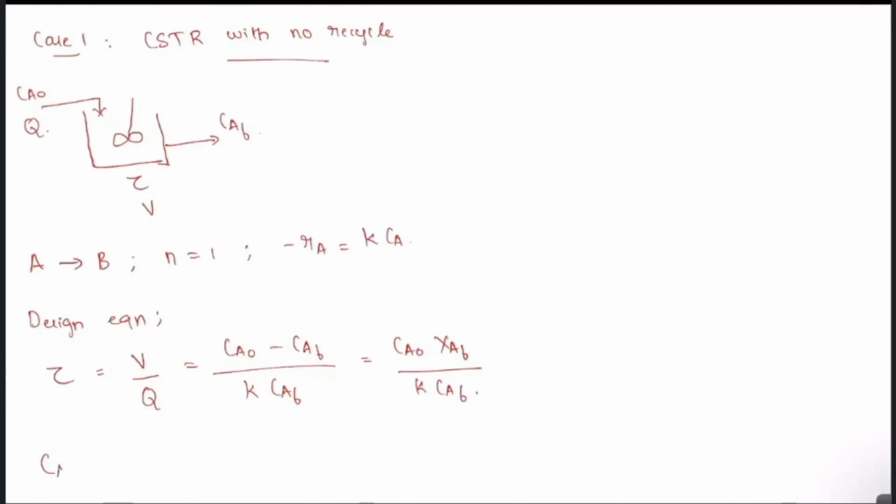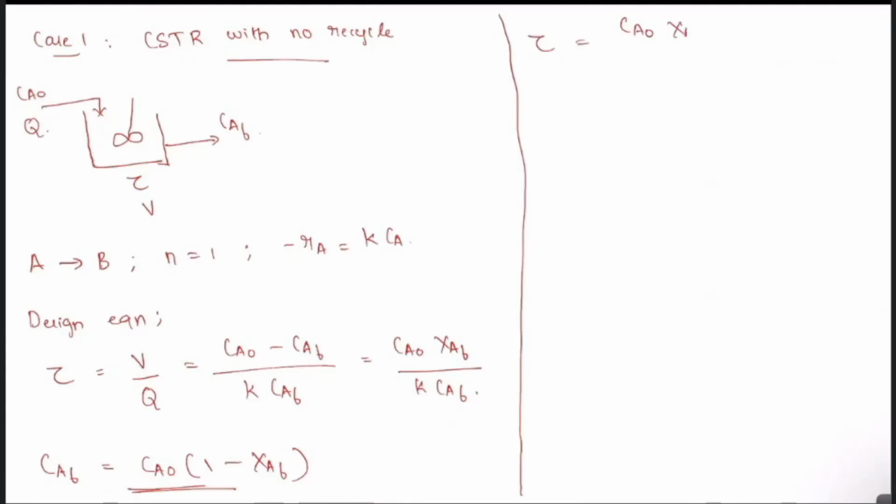Now we can write the CAF as Ca0 into 1 minus XAF. Right. So just rewrite this equation for tau. Tau will be Ca0 XAF by K into Ca0 into 1 minus XAF. So Ca0 gets cancelled. If we take this K from the right hand side to the left hand side, it will be tau K is equal to XAF by 1 minus XAF.